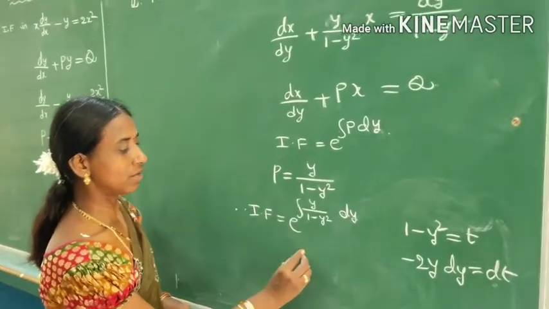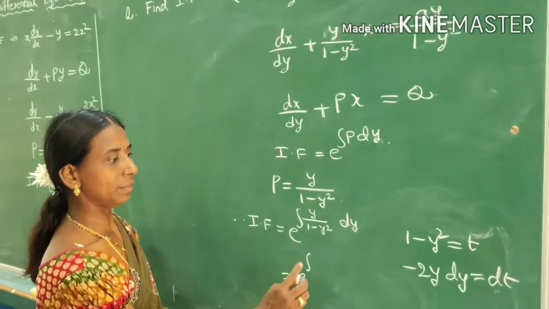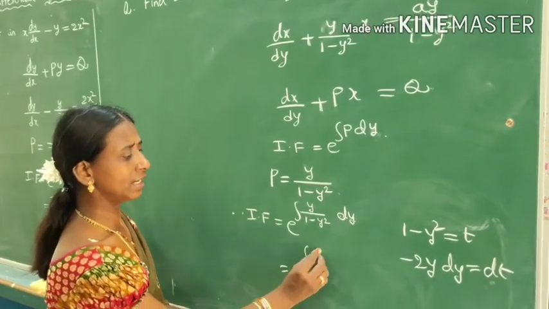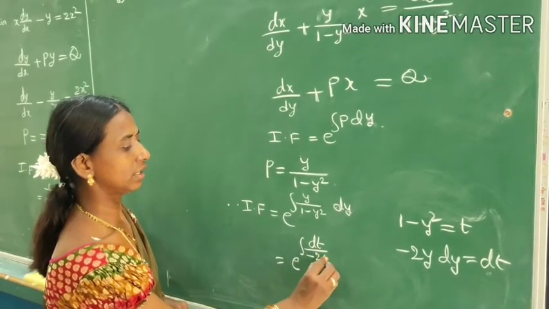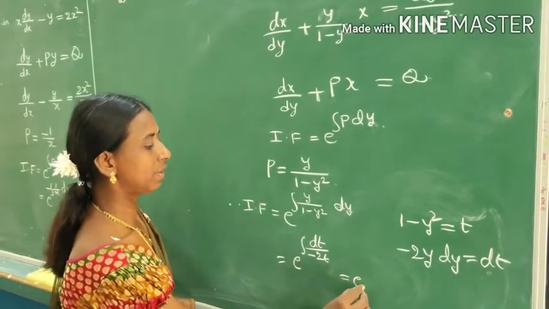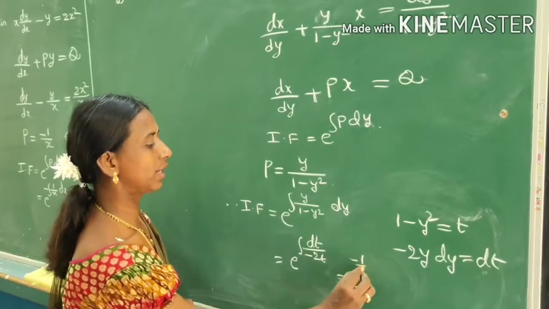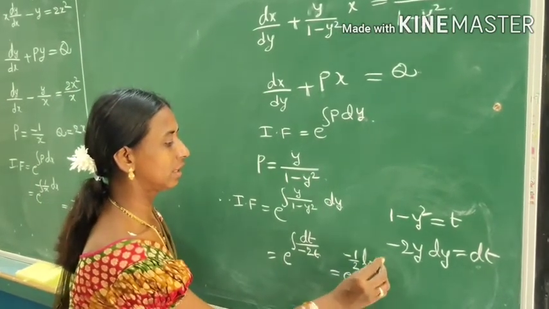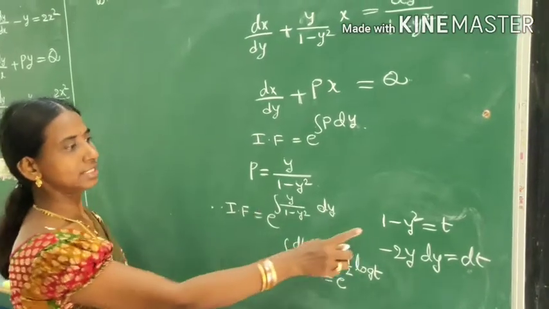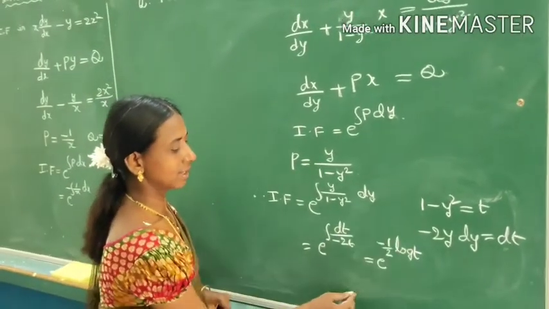So we get e power integral dt by minus 2t. This is equal to e power minus 1 by 2 and integral 1 by t is log t, where t is nothing but 1 minus y square.